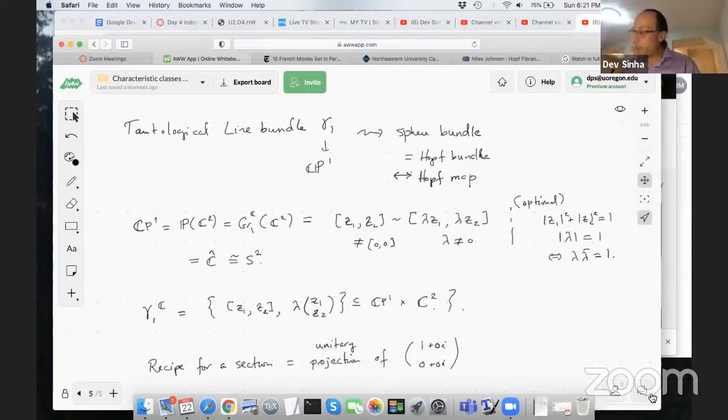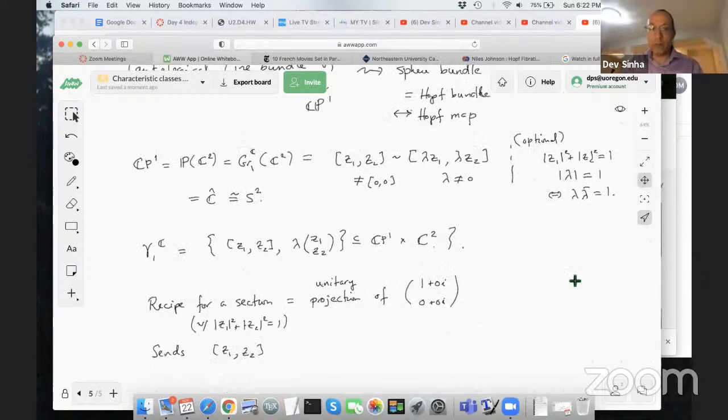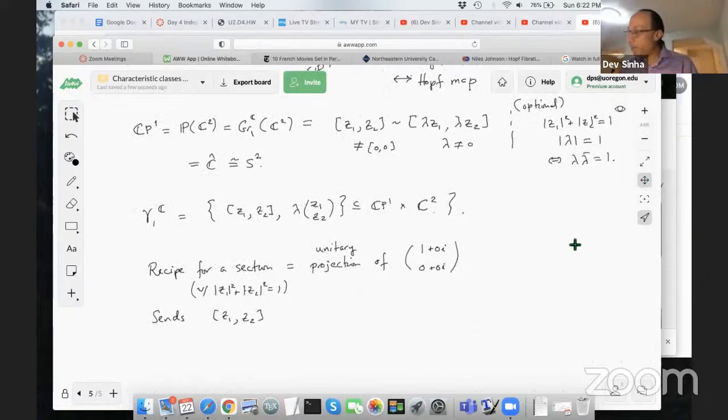But explicitly, what is it going to do? So it's going to send Z1, Z2 to what is the value of the section?